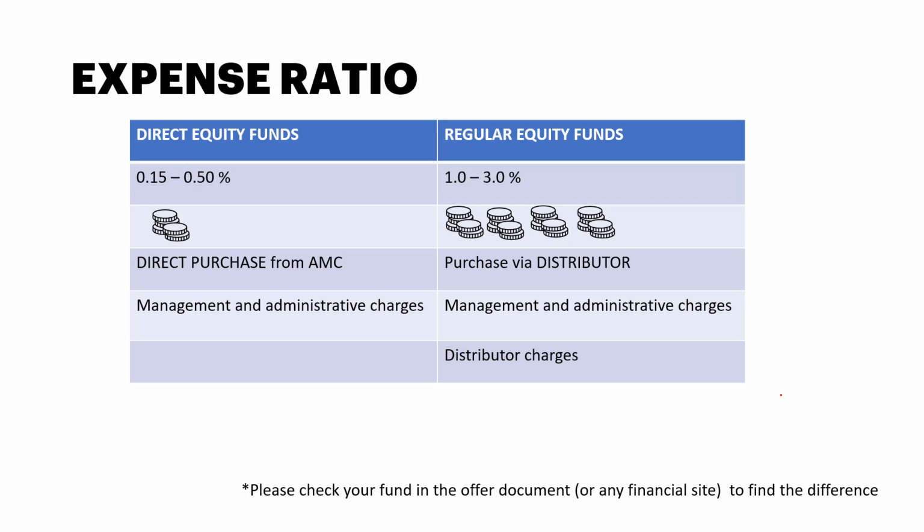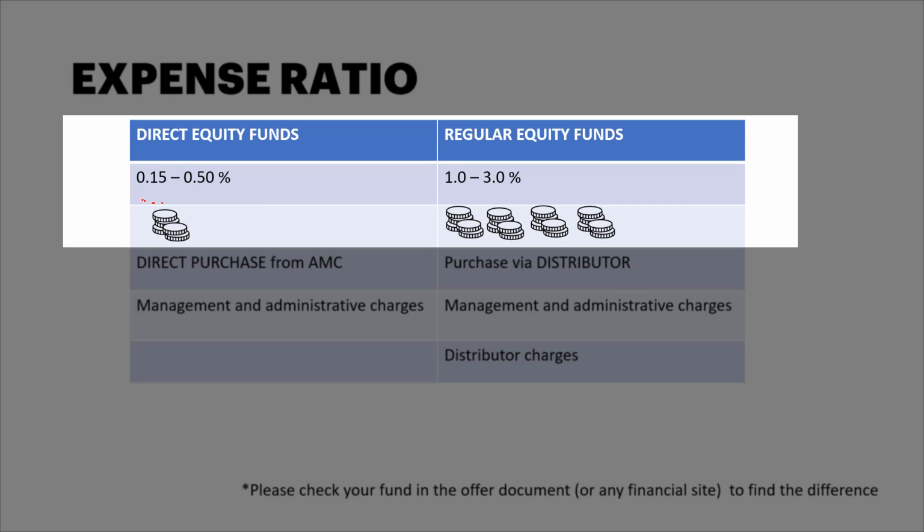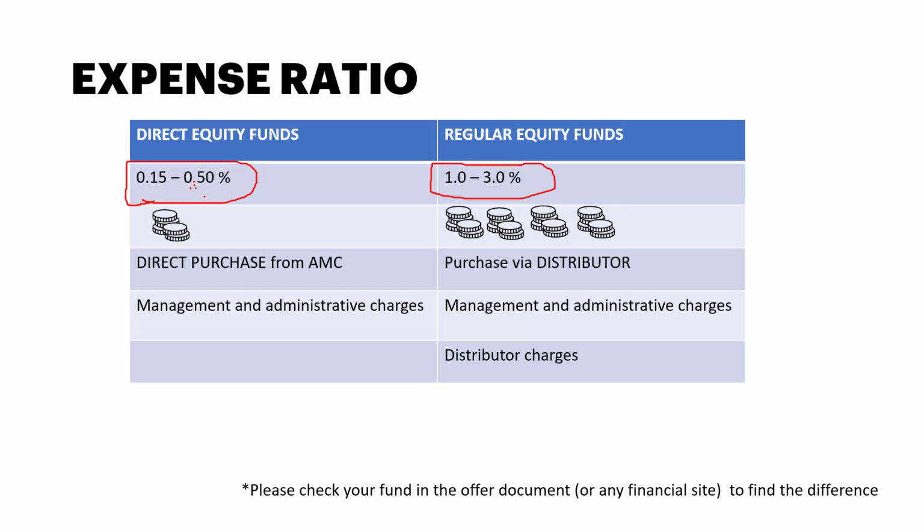For the direct equity fund, the expense ratio is 0.15 to 0.5, and for regular it is from 1.0 to 3.0%. So the lower the expense ratio, the better it is for the investor, because he will make more money if he has to pay less charges.